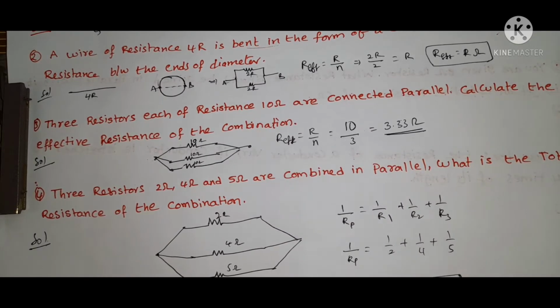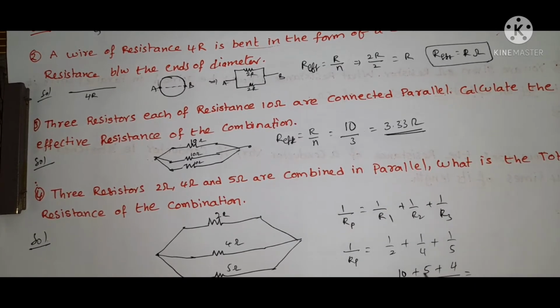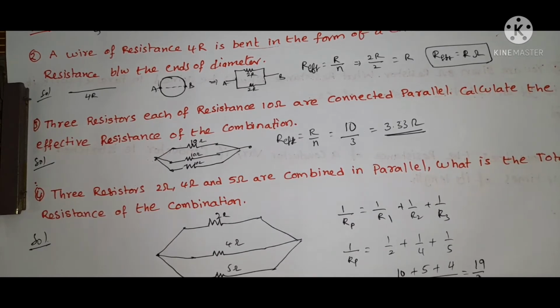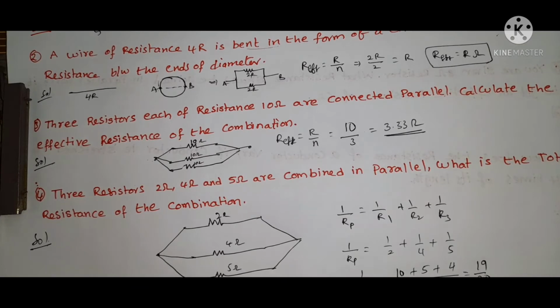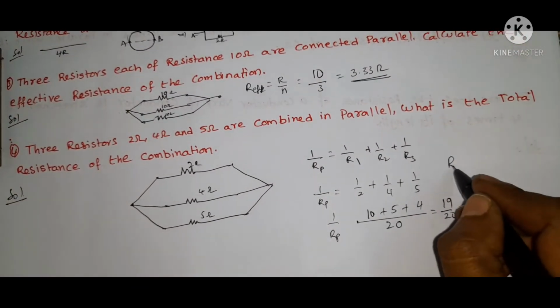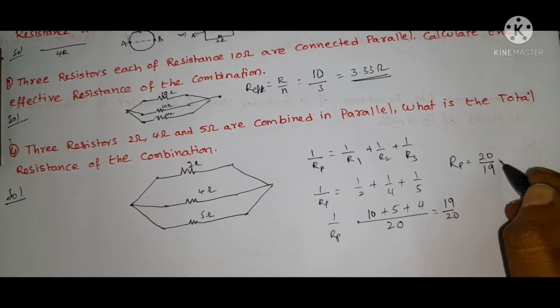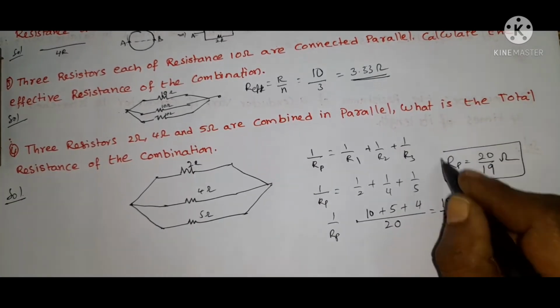Take the LCM, 20: 2 10s, plus 4 5s, plus 5 4s. Simply how much will it be? 10 plus 5 plus 4 is 19 by 20. That is 1 by R value. So R effective will be 20 by 9 ohms. That's all.